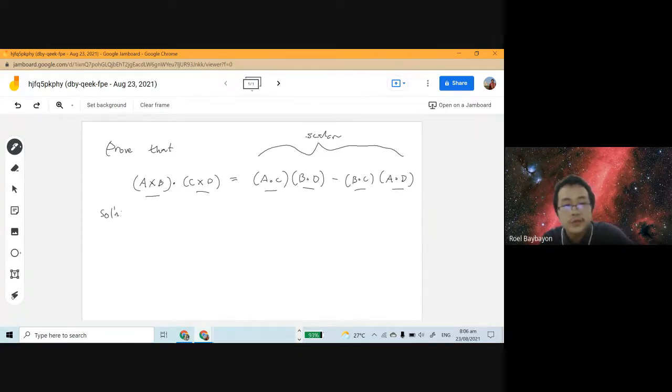Proof. In order to prove this one, we must use this important quantity. So, take note of this. Okay, magamit ako na siya later. We have this important property.